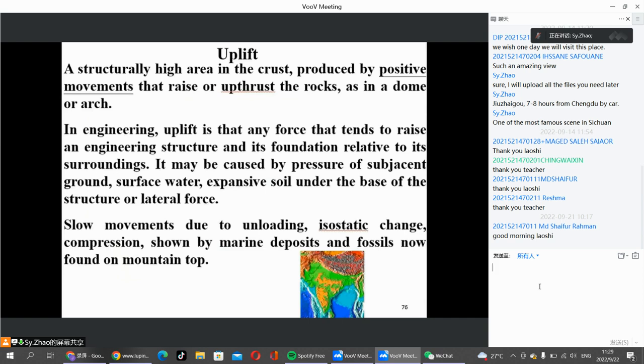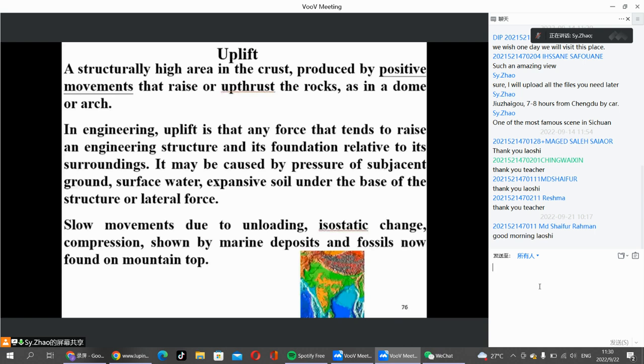So what is uplift? A structurally high area in the crust produced by positive movements that raise or upthrust the rocks, as in a dome or arch. And in engineering, uplift is any force that tends to raise an engineering structure and its foundation relative to its surroundings.